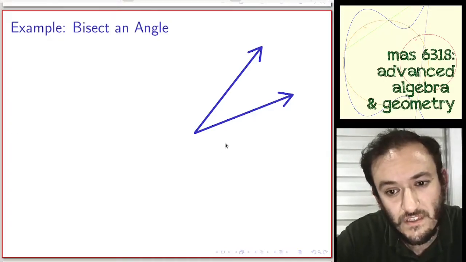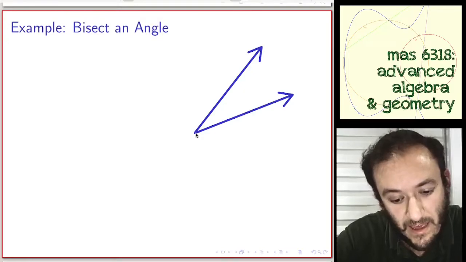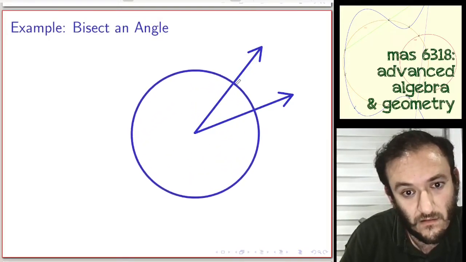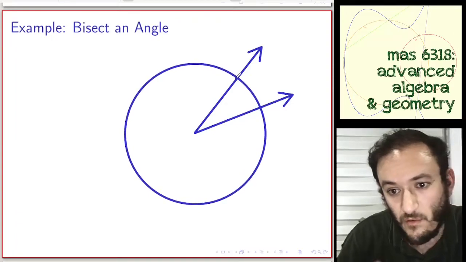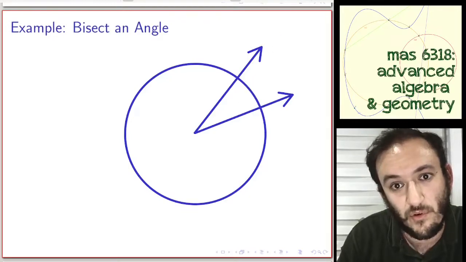Our first step will be to draw a circle centered at the origin of the angle and intersecting both of these rays.